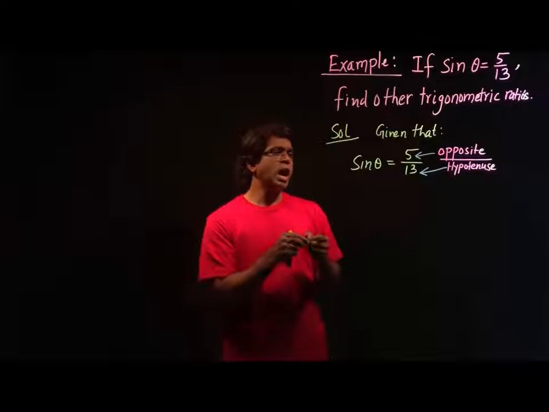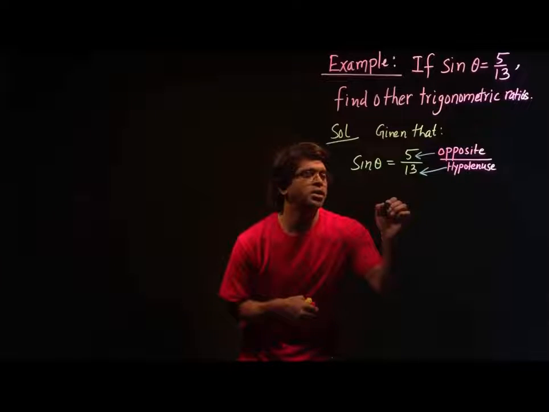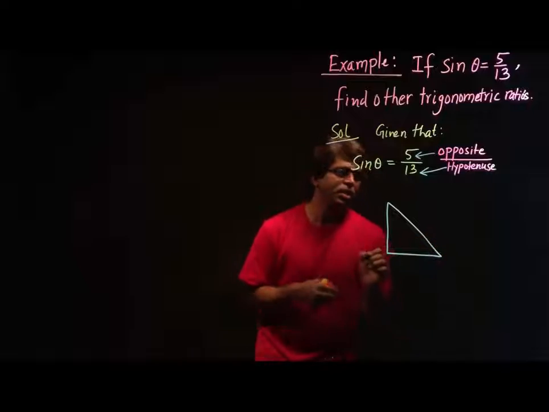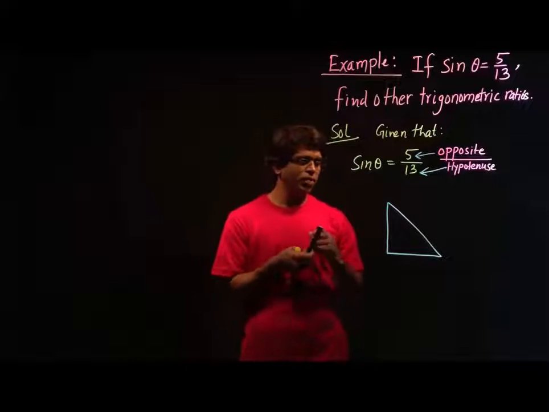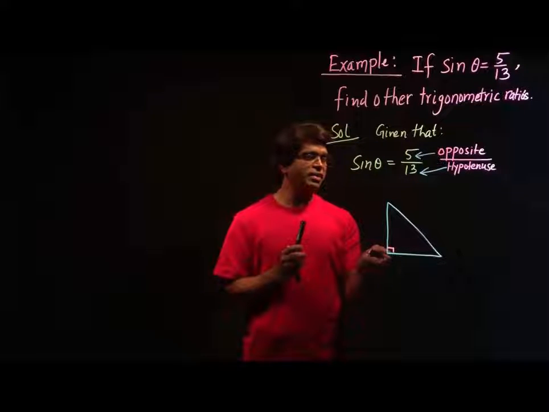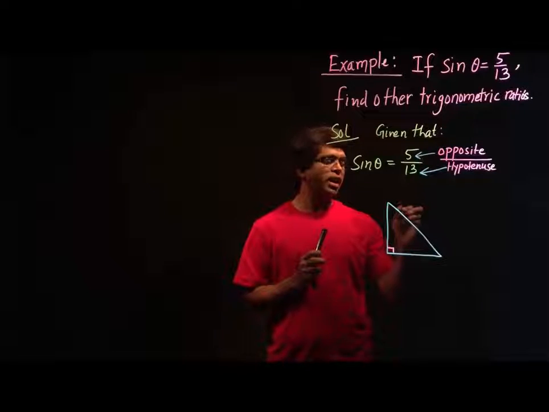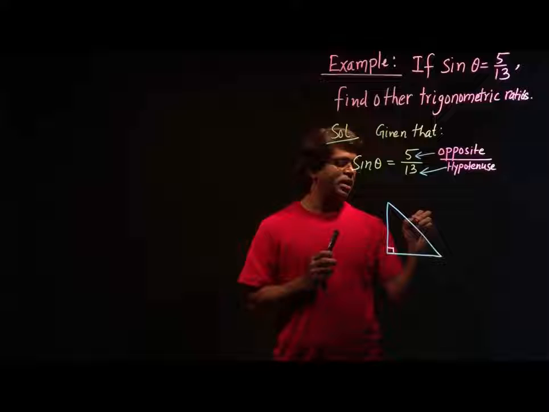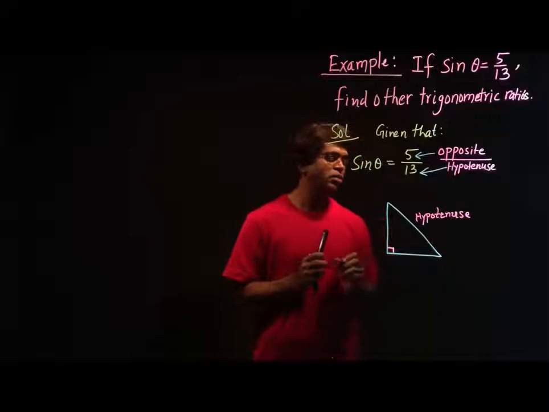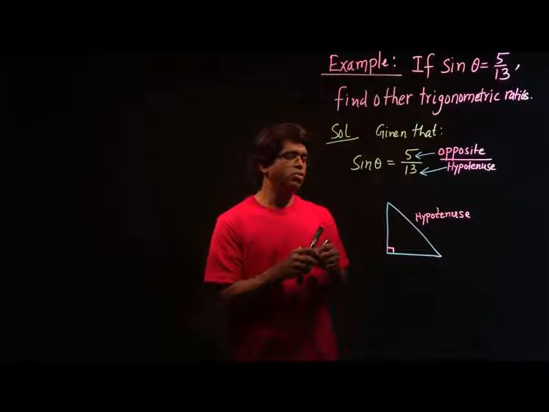So I'm going to draw a right triangle, and I'm going to consider this angle as 90 degrees. The side opposite to this angle would be this side, and that will be the hypotenuse.